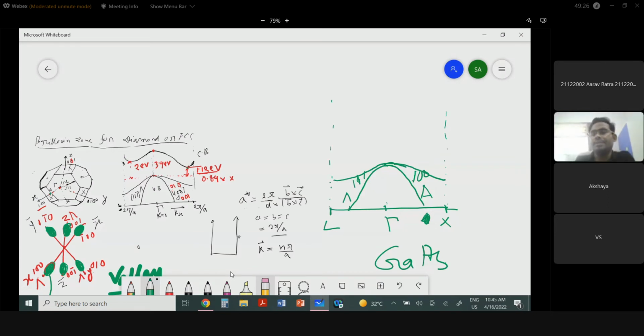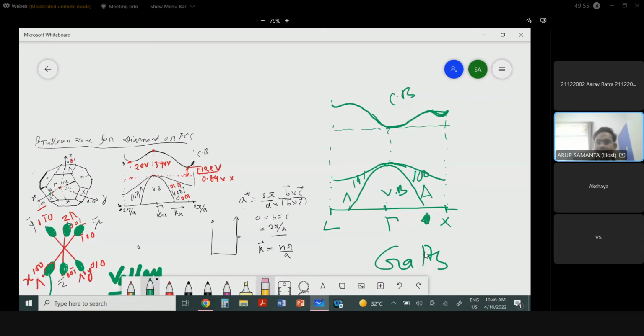So you can see this is your valence band, this is your conduction band, and you can see the minimum is here at the center of the Brillouin zone.